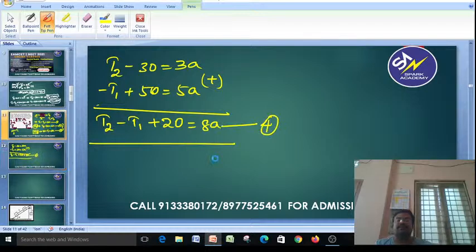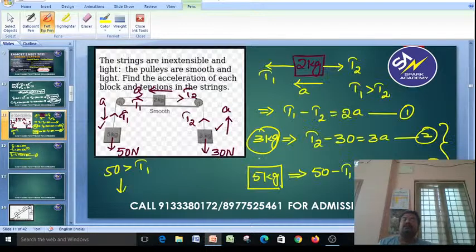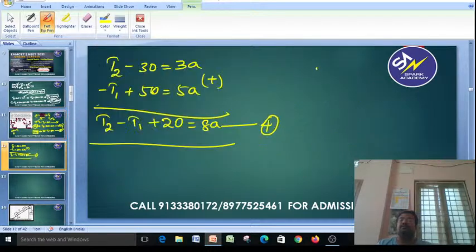Now we have to solve this equation together with the first equation. The first equation is T1 minus T2 is equal to 2A. So now you have to solve them together.